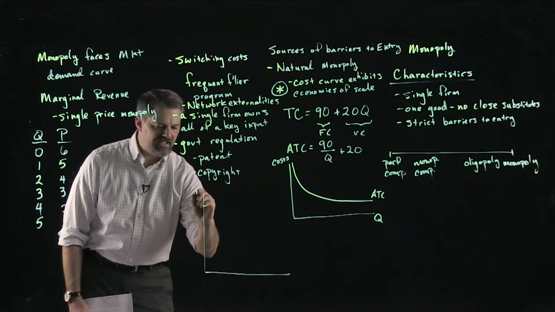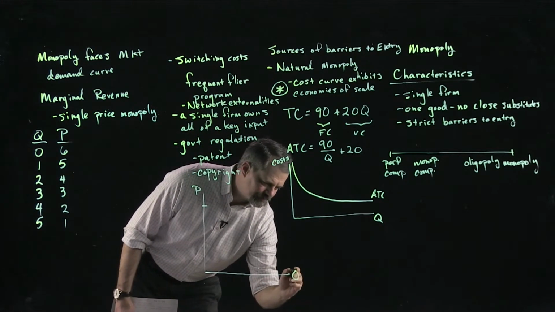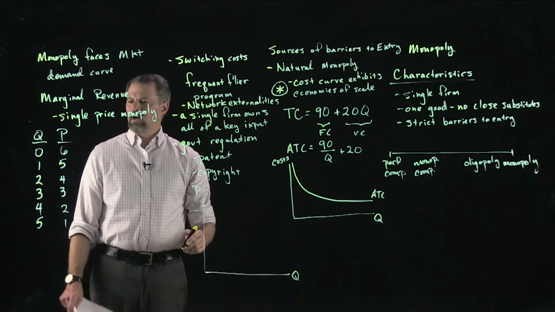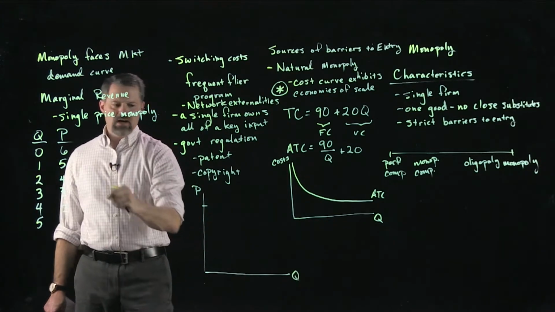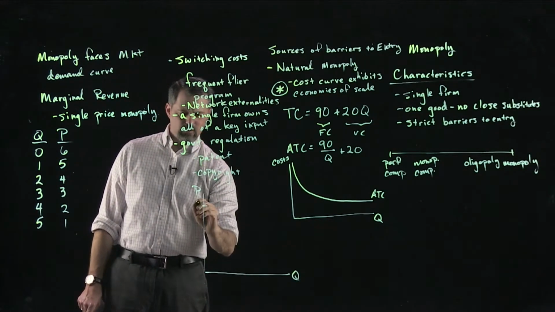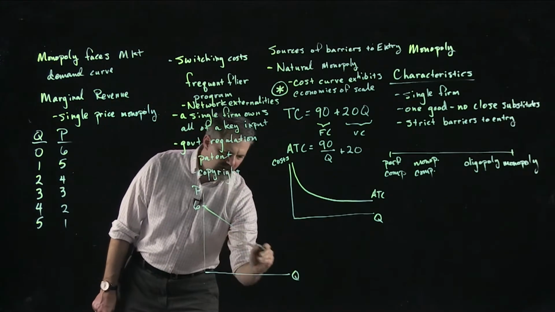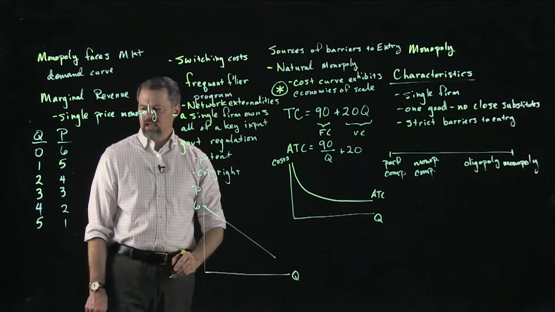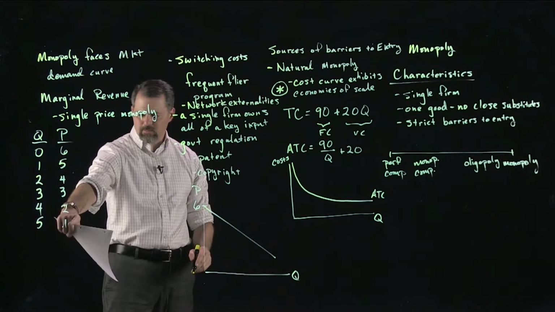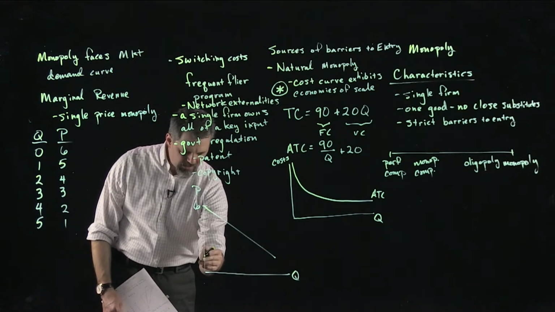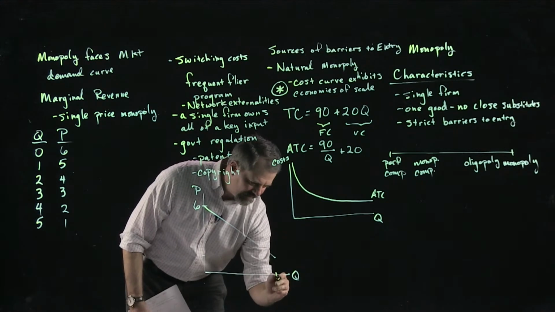This is going to be an inverse demand curve. So at a price of 6, quantity is equal to 0, so our choke price is $6, and it goes down by $1 each time. And by the time we get down to a price of $1, which would be right down here, the quantity is 5.